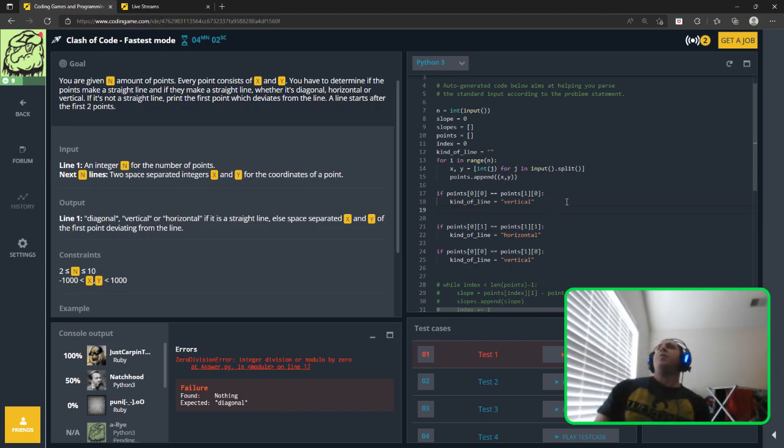So for a vertical line, we need to find the point in points where the x isn't the same, right? So we need to find the outlier.